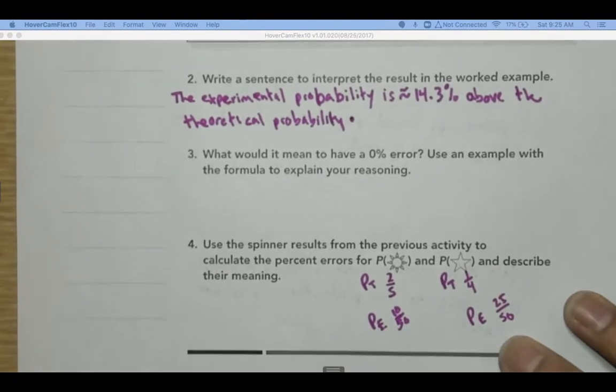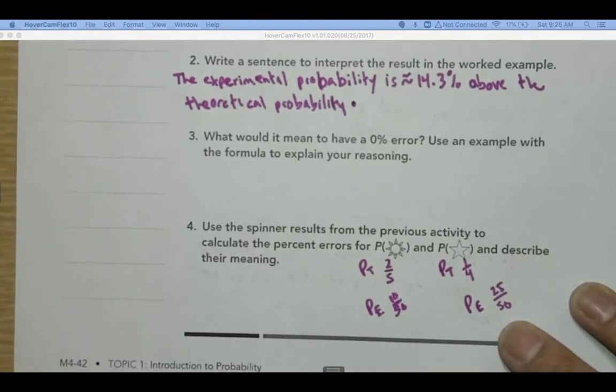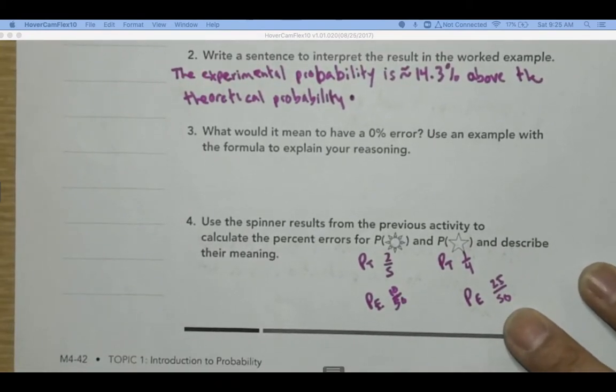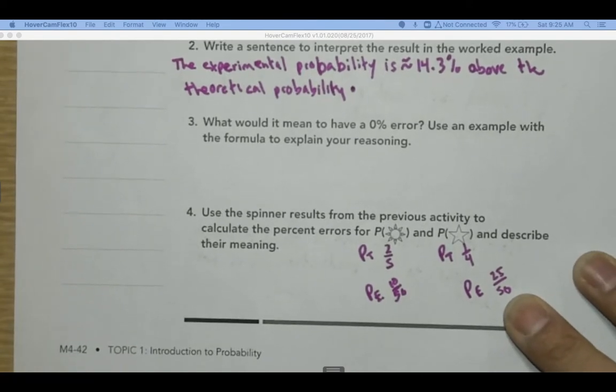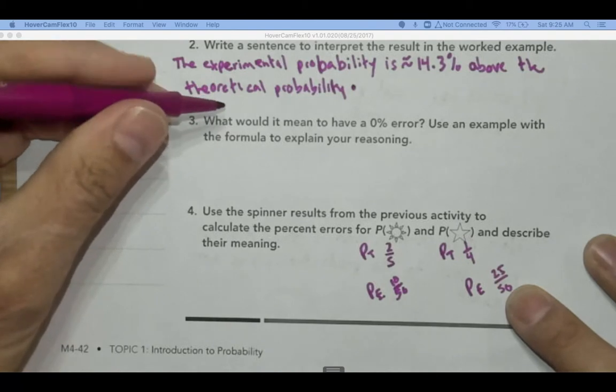Next, what would it mean to have a 0% error? Use an example with the formula to explain your reasoning.